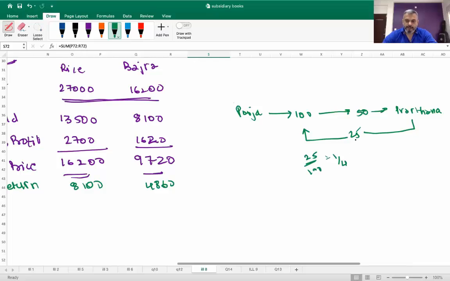So 1/4. Now we are going to return from what we have purchased from Puja.